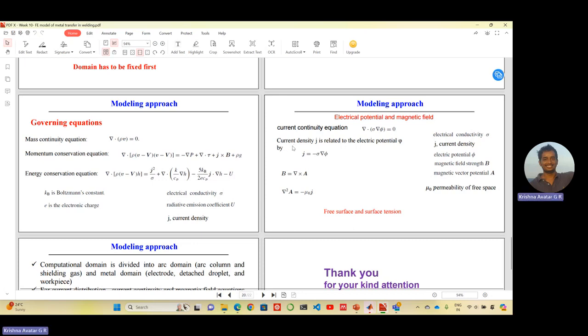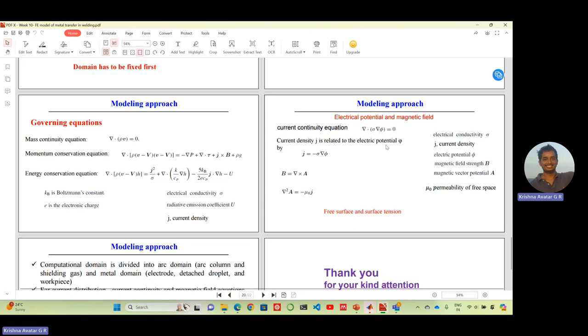And the current density J is related to the electric potential phi by J vector is equal to minus sigma grad phi. We have electrical conductivity sigma, J is current density, electric potential phi, magnetic field strength B, and magnetic vector potential A, right?